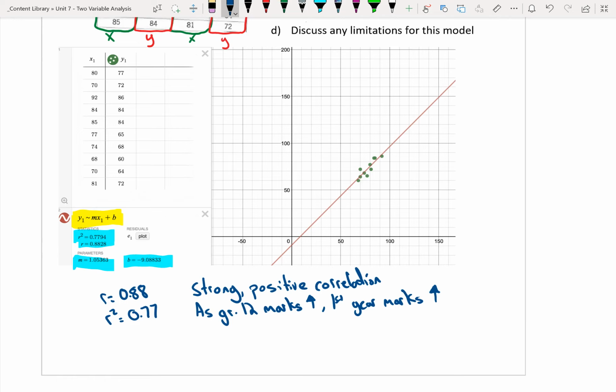Now, if I want to look at whether the summer prep course was helpful, I would look at my r squared value. The 0.77, or actually if we round it, 0.78. If I look at that 0.78 for my r squared value, that means that 78% of first year marks can be explained by grade 12 marks.